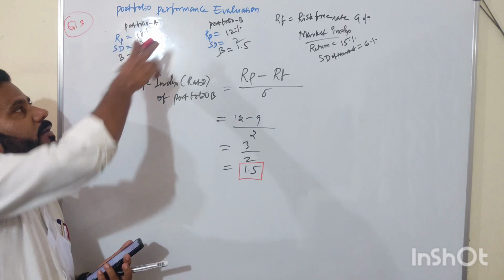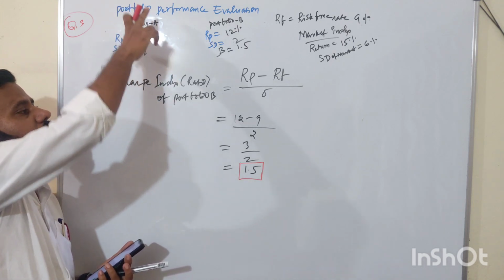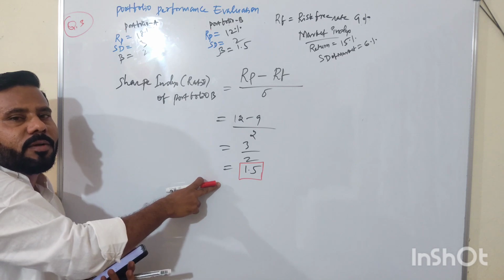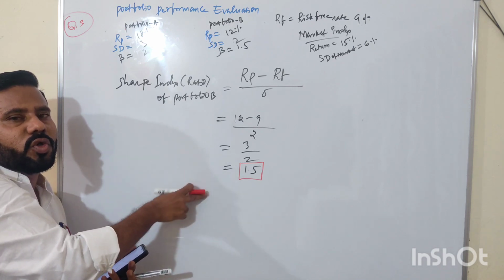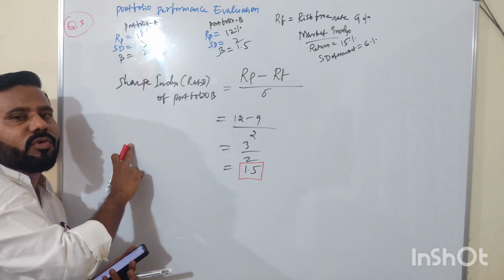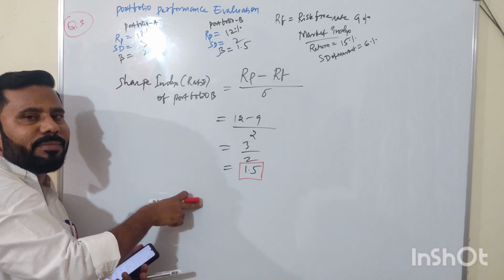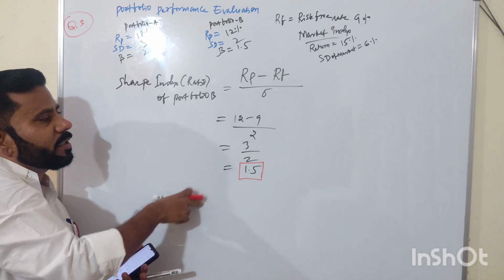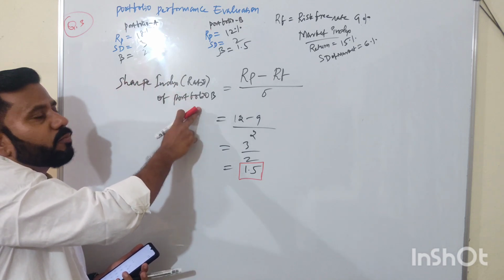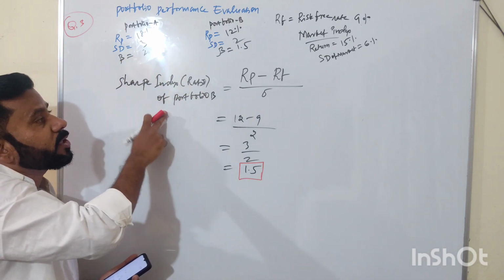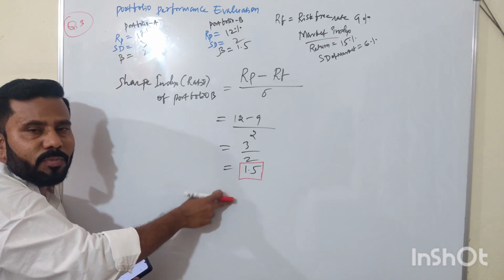After making an evaluation of the portfolios, according to the Sharpe ratio, which is the better portfolio, which portfolio is the best one, which is excellent? Definitely we can conclude that the Sharpe ratio of portfolio A's answer is higher, 3, but the Sharpe ratio of portfolio B's answer is 1.5.